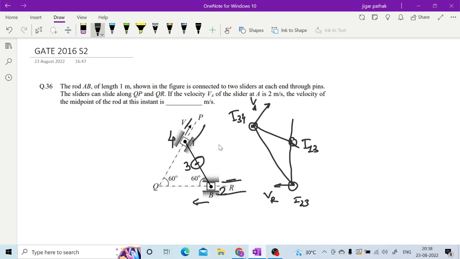Now what you have to do is calculate the velocity of the midpoint.